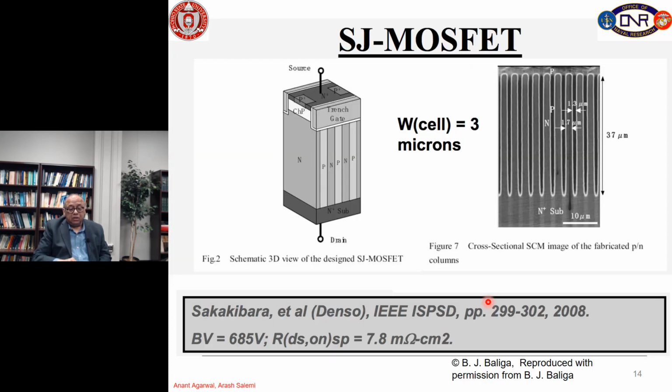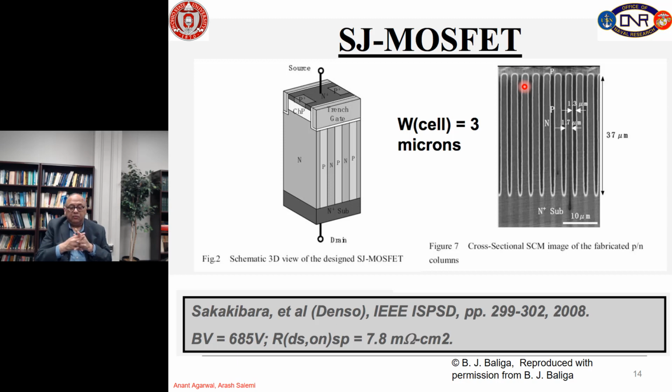The other technique is shown here. This is a paper presented by authors from Denso in 2008 at ISPSD, and you can see that in this case what they are doing is growing the whole N-type drift layer and etching the trenches, and then growing inside the trenches a P-type layer.